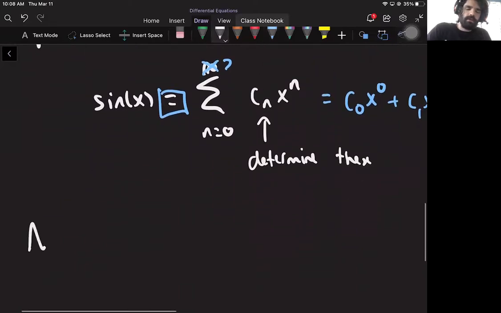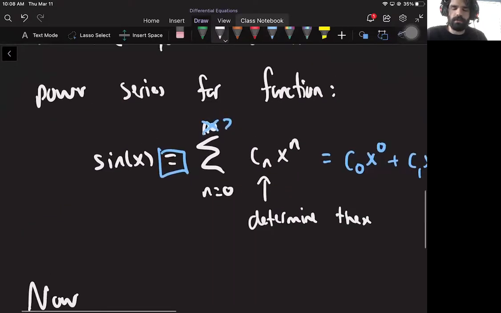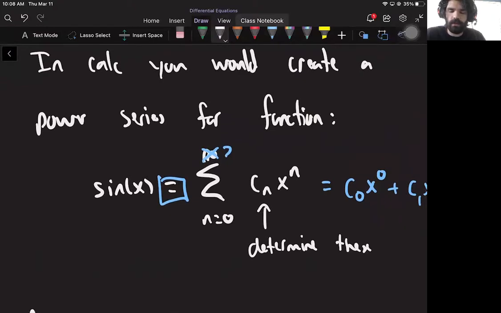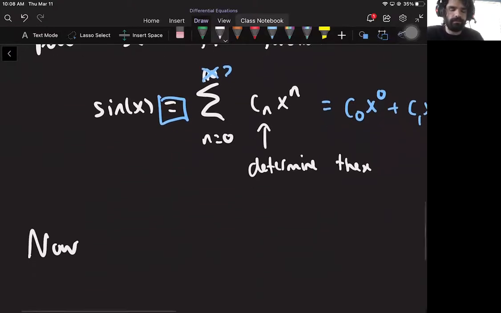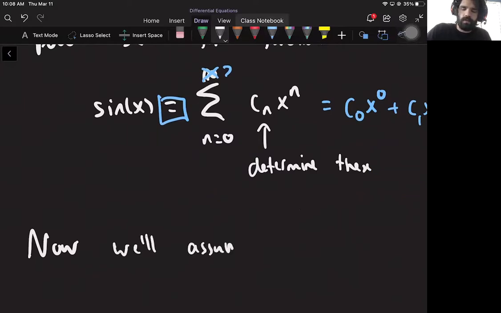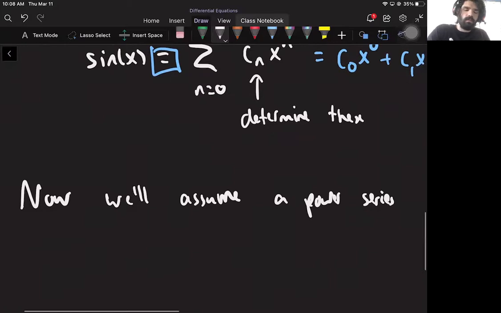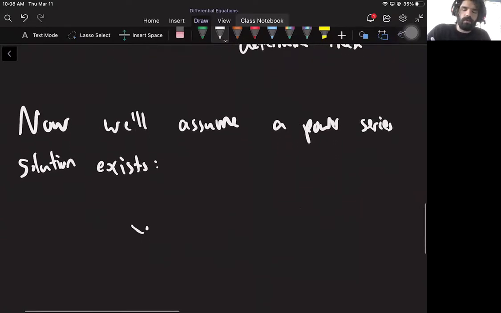But here, like I just said, we don't know that our solutions look like nice functions like sine and cosine. So now what we're going to do is we'll assume a power series solution exists, meaning that we're assuming that there's a solution.